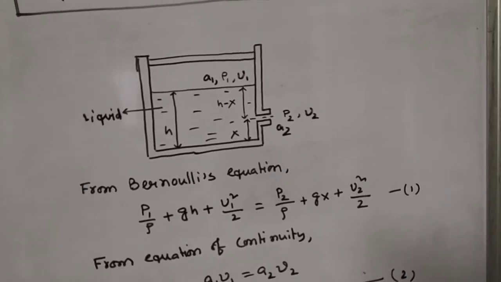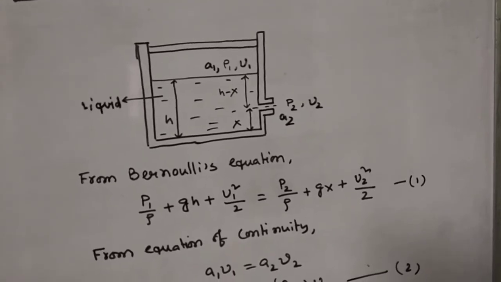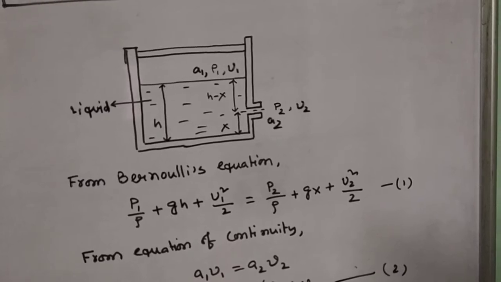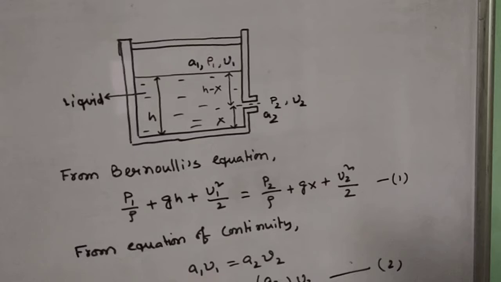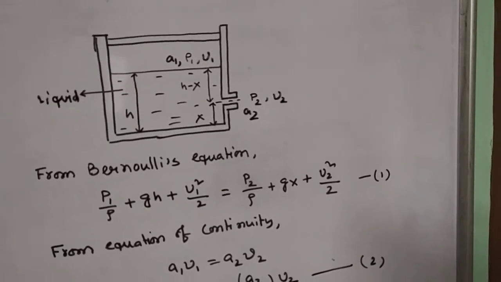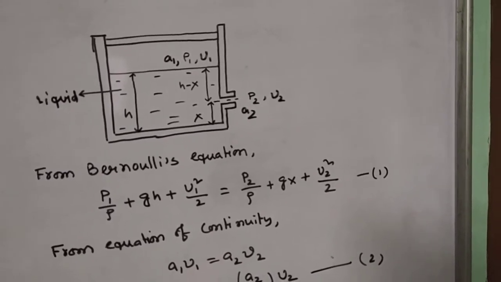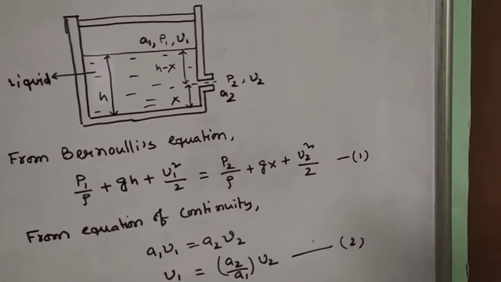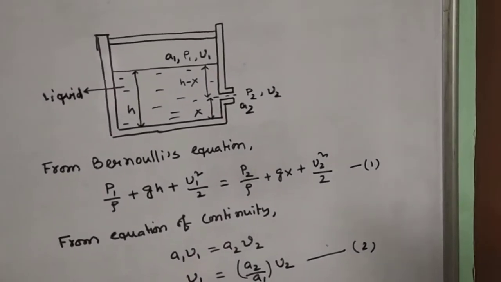So if you are going to apply that theorem in two different areas of cross section, then the equation will be P1 by rho, where rho is the density of the liquid, plus gh, because the free surface is at a height h from the base of the container, plus V1 square by 2, that is your kinetic energy. And on the area of cross section A2, you do have P2 by rho plus gx, x is the height of the narrow opening from the base of the container, plus V2 square by 2. So this is your Bernoulli's equation. We have applied it in two different areas of cross section, A1 and A2.